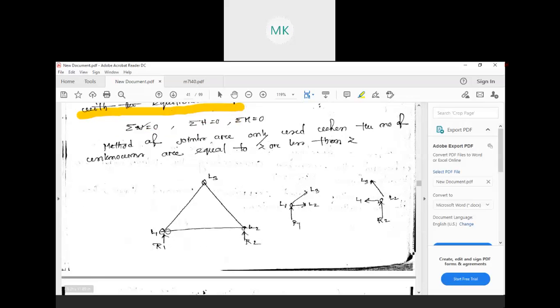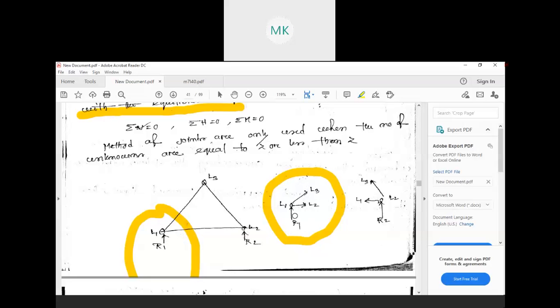As you can see here, we are taking a simple triangular truss. There are three joints. If we consider the first joint, there are three unknowns: R1 in this direction, L2 in the upward direction, and this is L3.